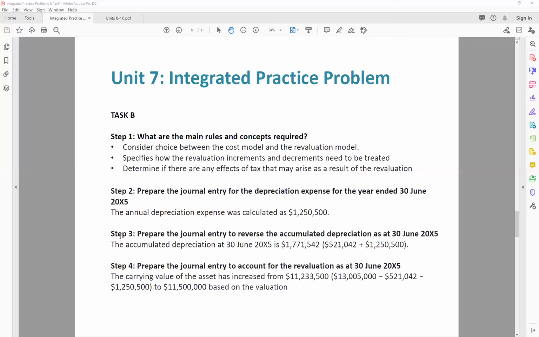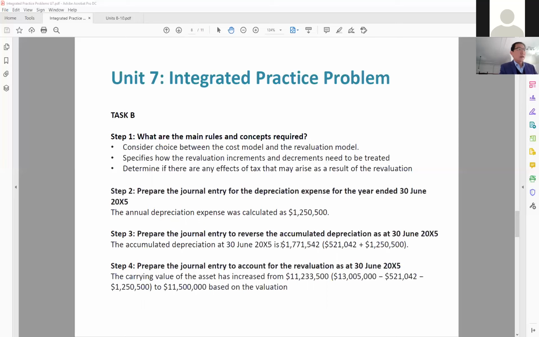Now, with respect to the revaluation method, going through the 4 steps, which was in our slide pack last week, the first step is that we need to reverse all of the accumulated depreciation to date.